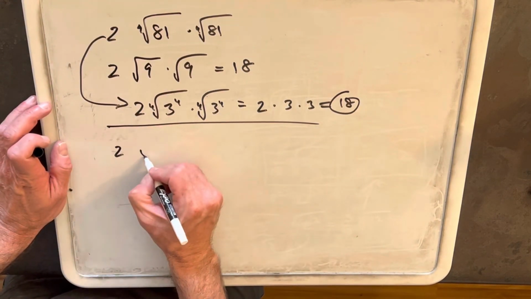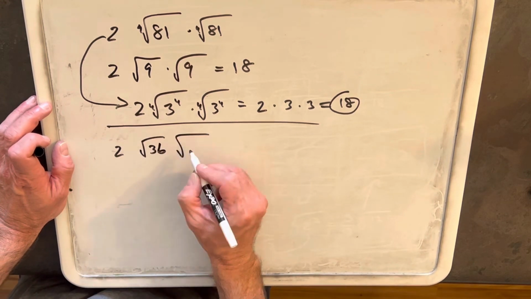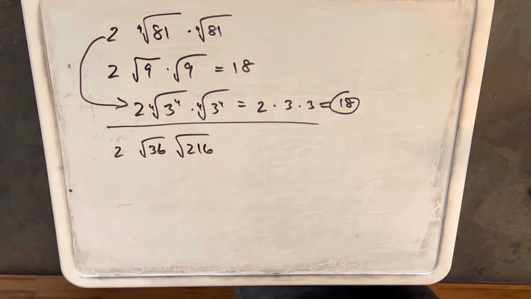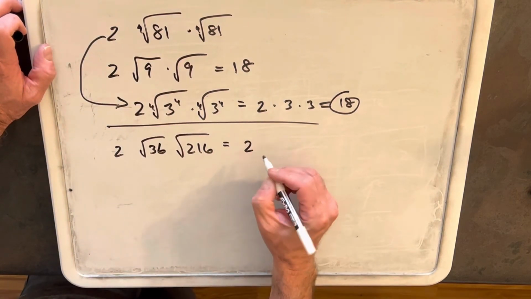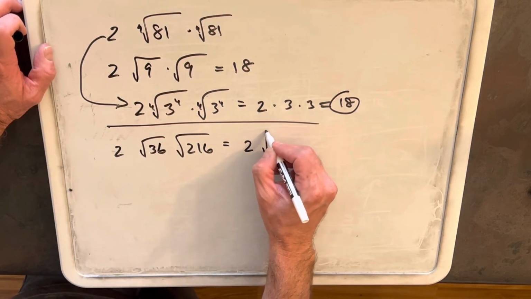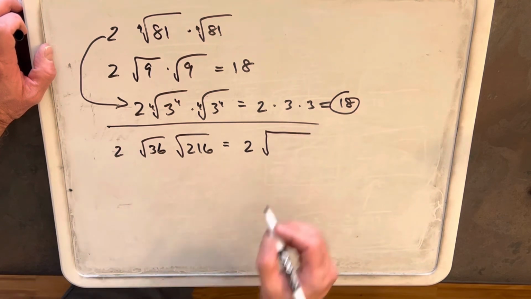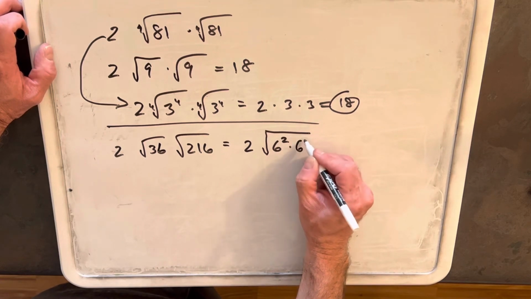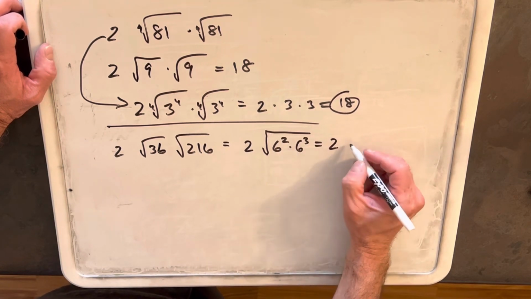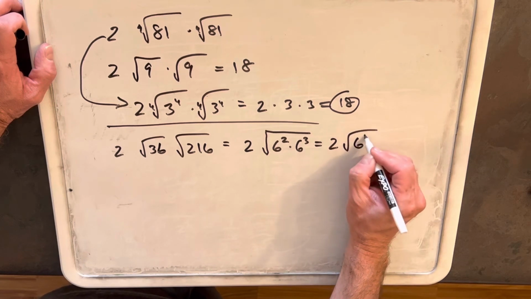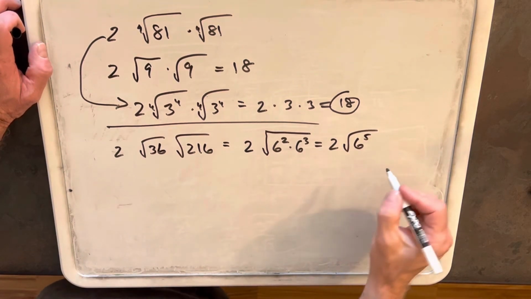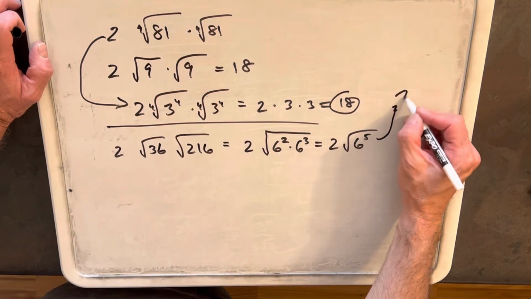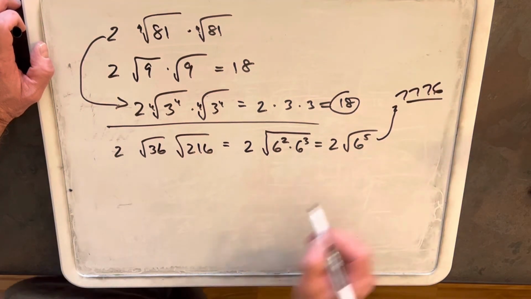Okay, we have 2 times the square root of 36 times the square root of 216. Interesting. So we don't know what the square root of 216 is, but we can rewrite this a little bit. Let's write it all under one radical, maybe. We could do this one a couple different ways. 36 is 6 squared. 216 is 6 to the 3rd. So then we have the square root of 6 to the 5th, which happens to be 7776, which I think is kind of interesting.